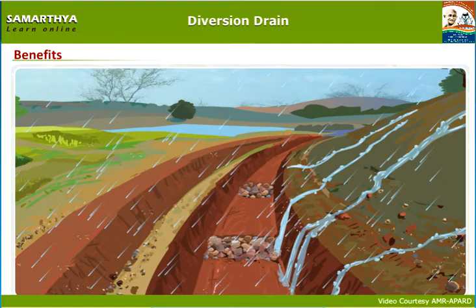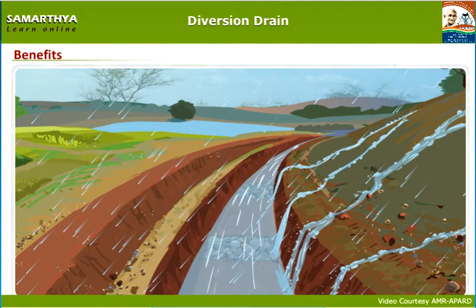Diversion canals divert the rainwater to the natural streams so that they can prevent crop damage and soil erosion. Diversion canals block rainwater flows into the fields.